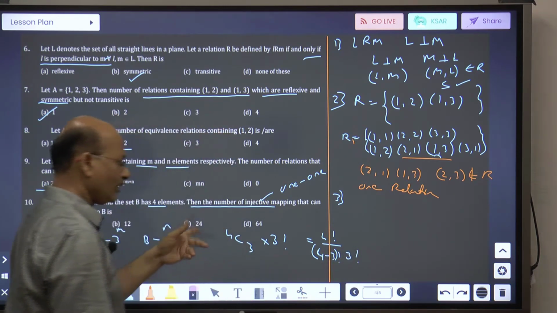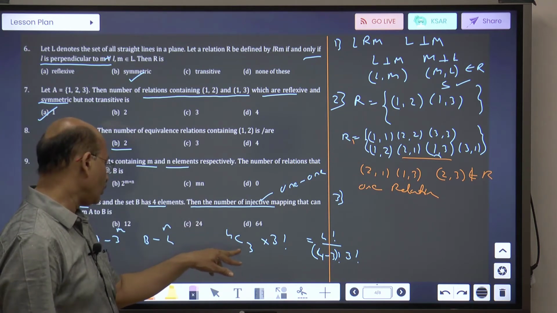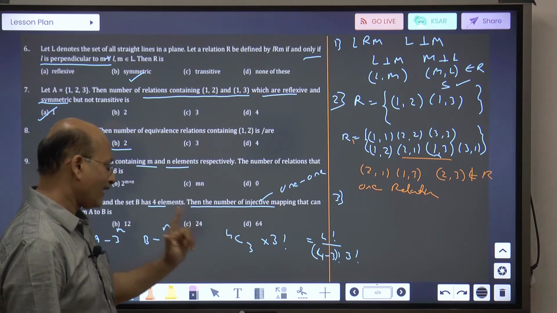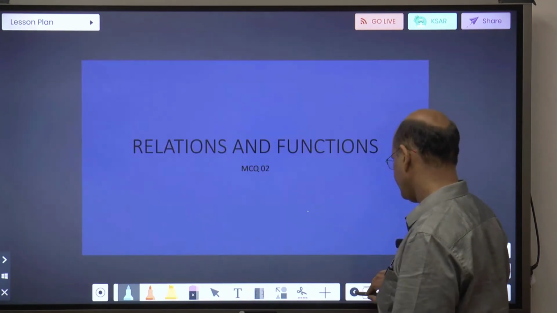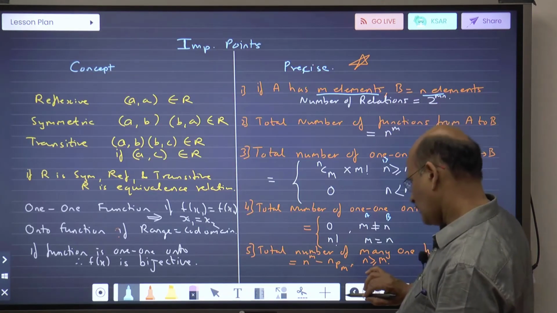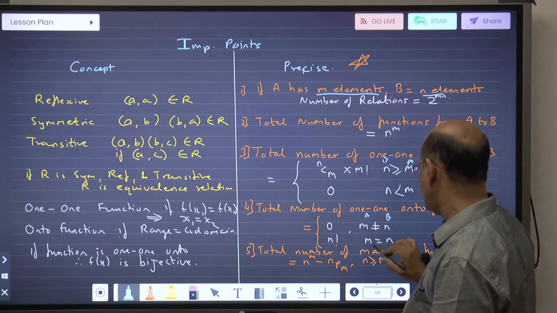Otherwise you can use the nPr formula also. What is the answer? I think 24 is the answer there.